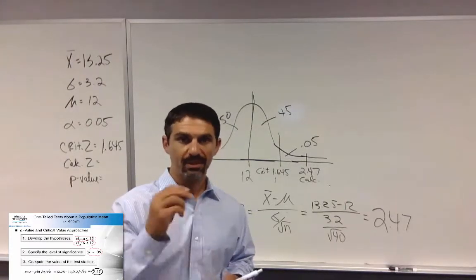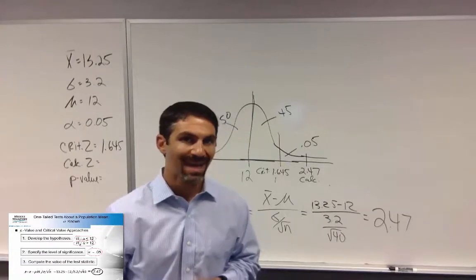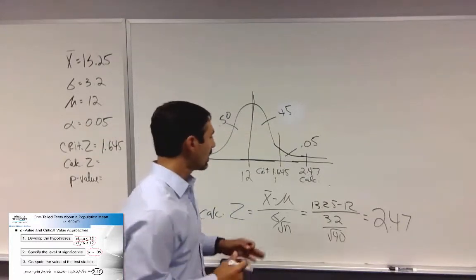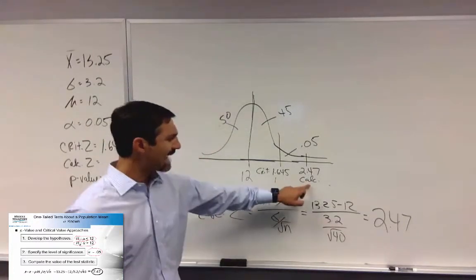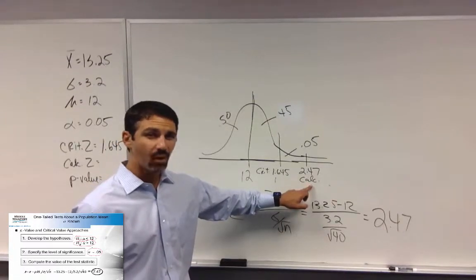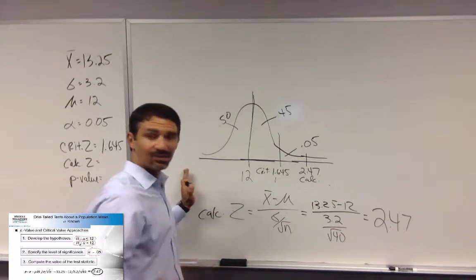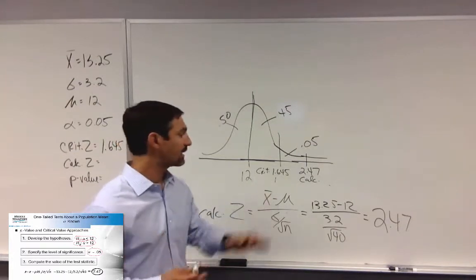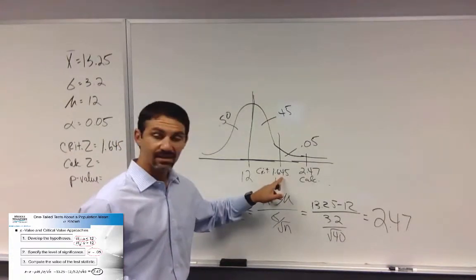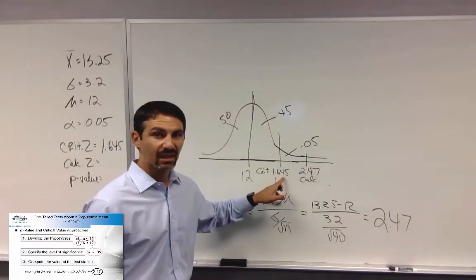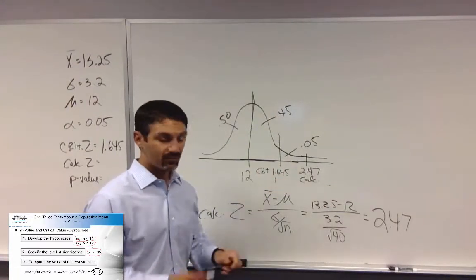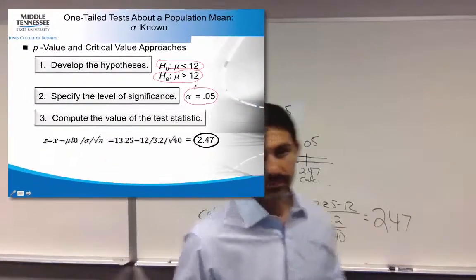We can actually look up the z-score of 2.47 and find it, which we'll do here. But just by looking at this, does that value look like it's significantly more than what we would consider 12 or less? And the answer is yes. So we already know the answer just by looking at this. That is greater than this, therefore significantly greater than 12 or less.